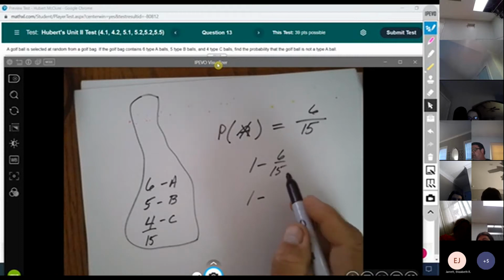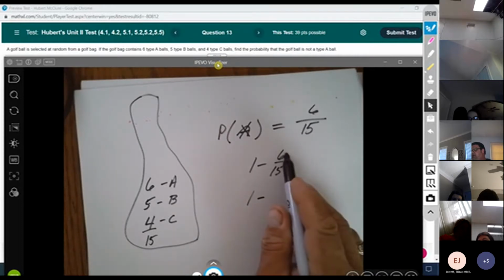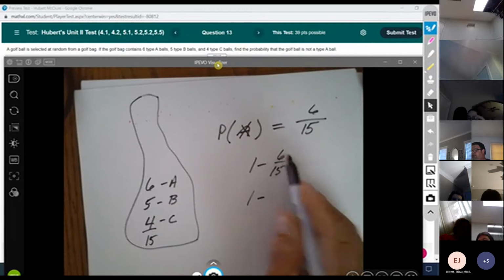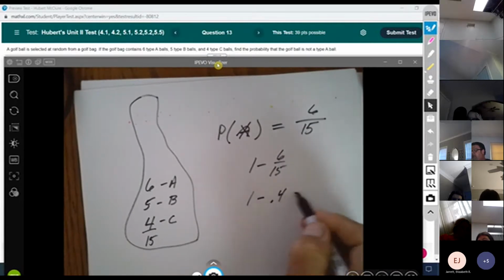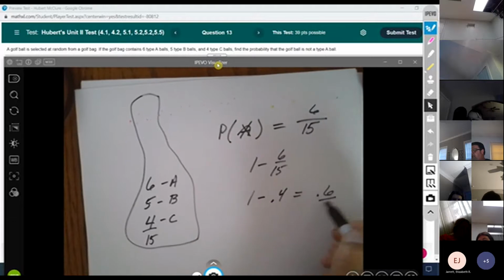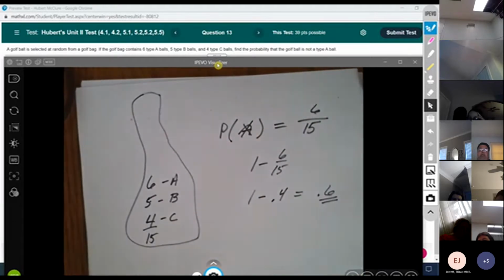No, that's not right. 3 will go in there 2 times, 2/5. So that's 4/10. I got 0.6. Y'all check my math, please. Check it on the calculator. Give me a thumbs up if you got 0.4 and 0.6.